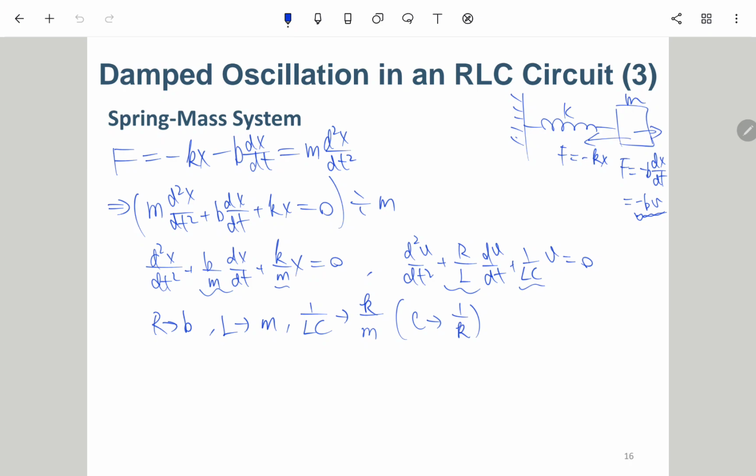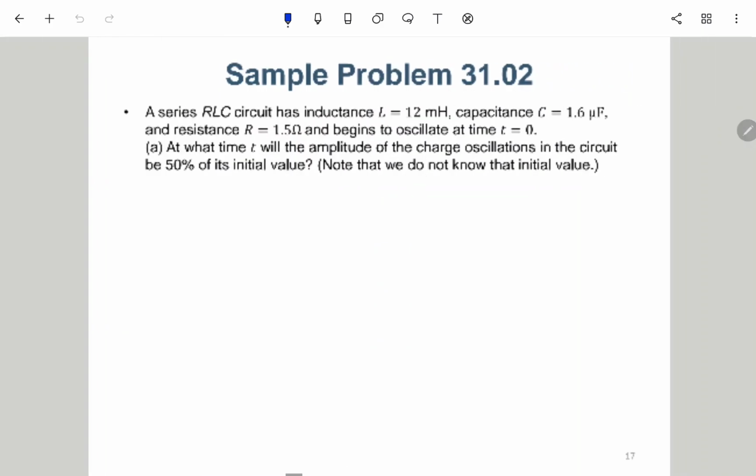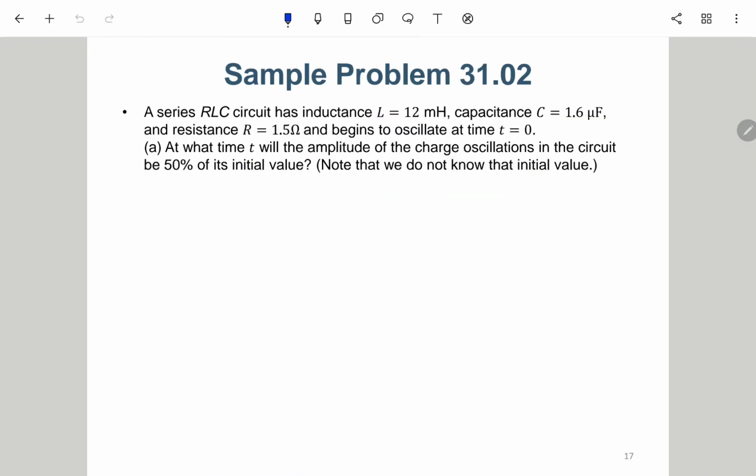If you would like a similar version for this spring mass system, you can just do this kind of change of variable, and then you have the equation for the spring mass system. So simply put, a spring mass system and an RLC circuit have the same mathematics behind them.